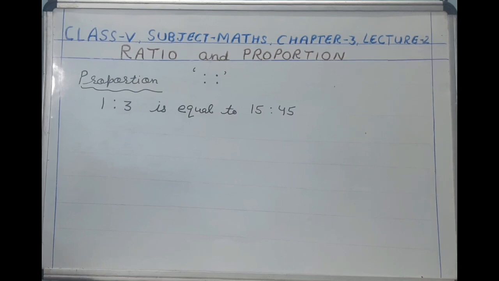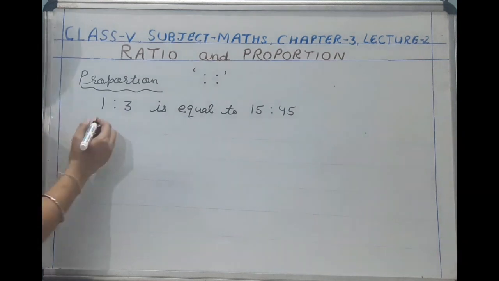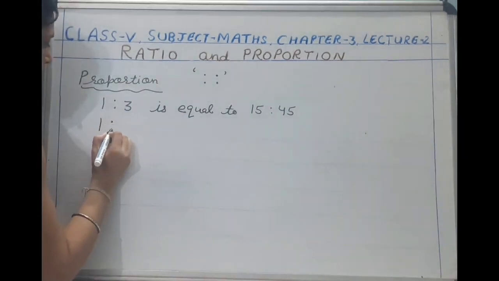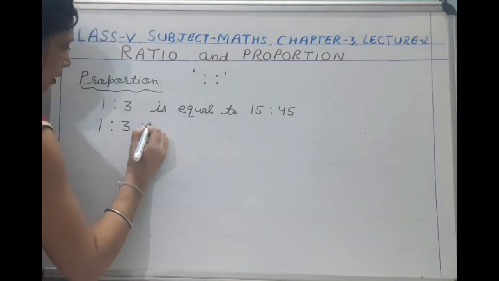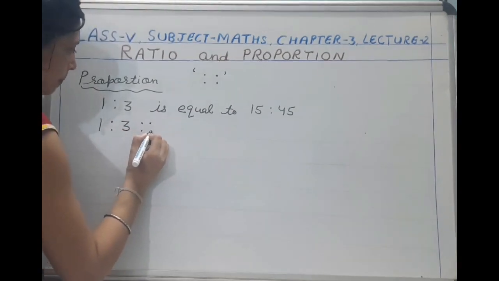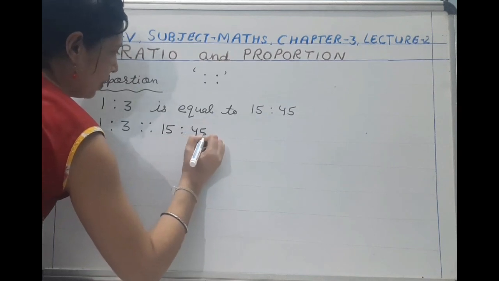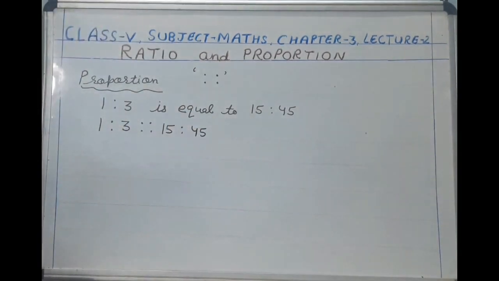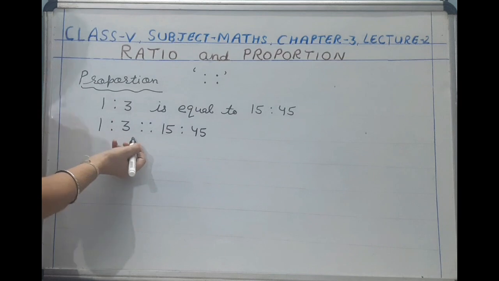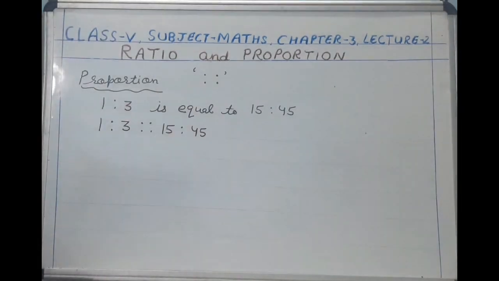That is 1:3 and 15:45 are in proportion. So, how we will write down in the form of proportion? It will be 1:3 proportion 15:45. Understood?